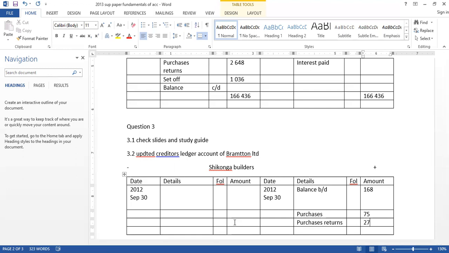And then from there, we are also told that sales made by Chikongo builders on the 9th were to Brains Ltd. Now where is the 9th?